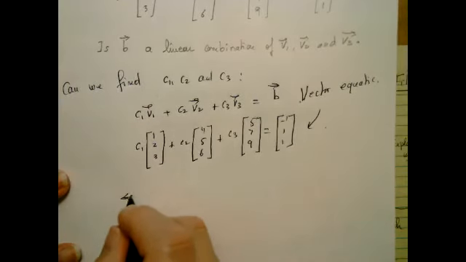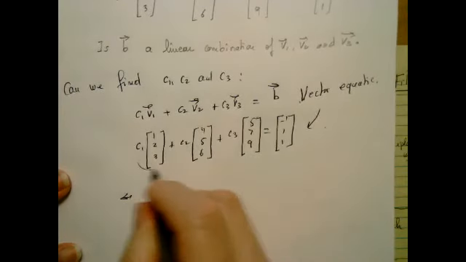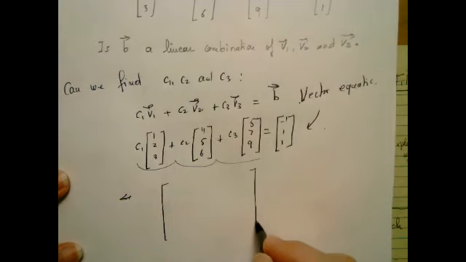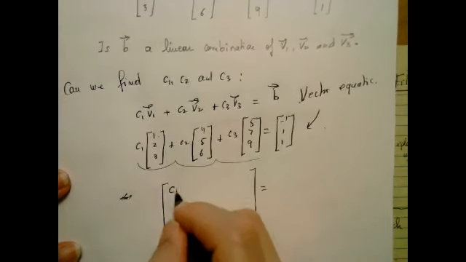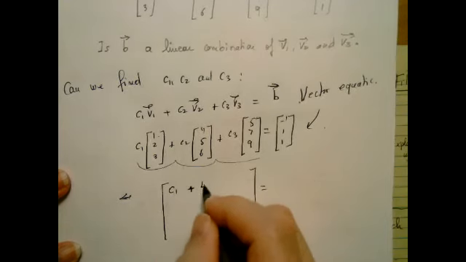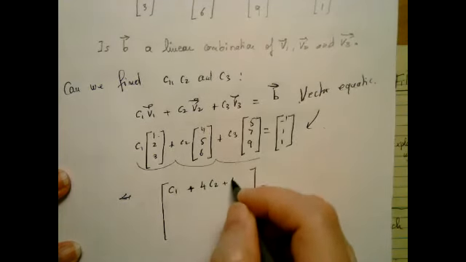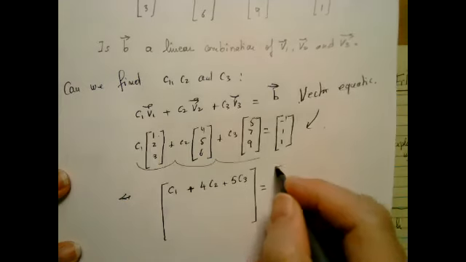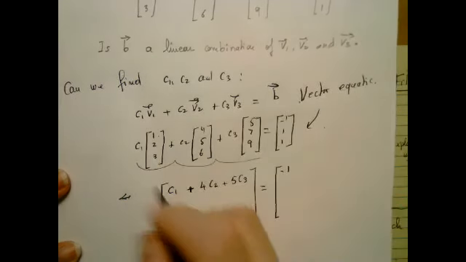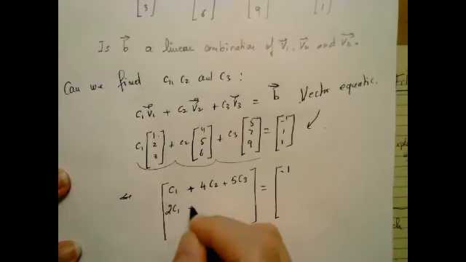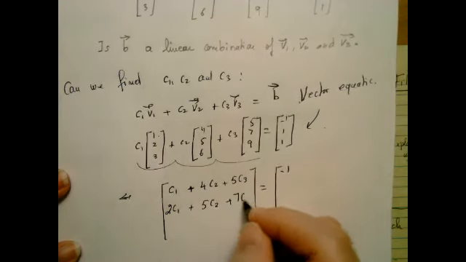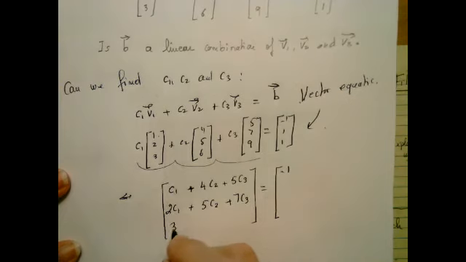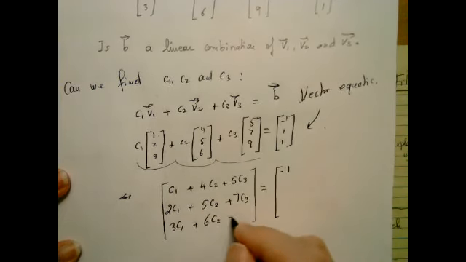But this is equivalent to solving what? Those are 3 vectors which are weighted. I'm gonna add them. I get C1 from here, and I get 4C2 from here, and I get 5C3. And then I will have 2C1 plus 5C2 plus 7C3, and here I will have 3C1 plus 6C2 plus 9C3.